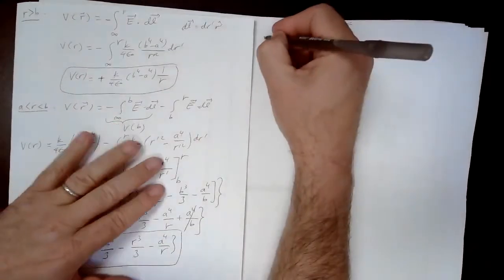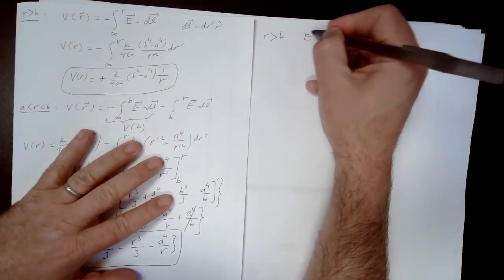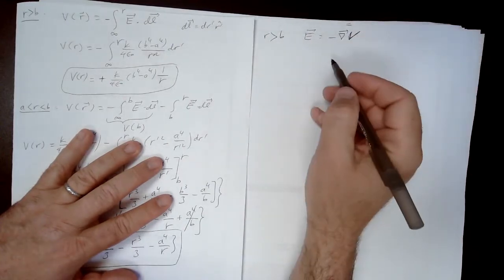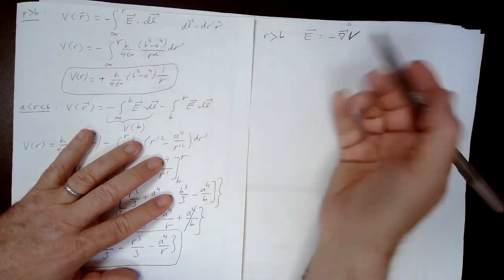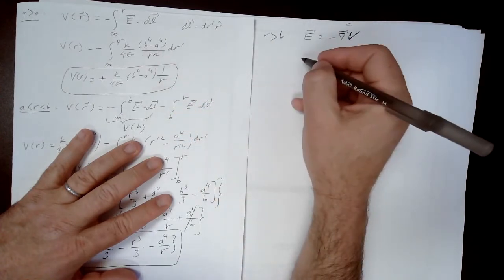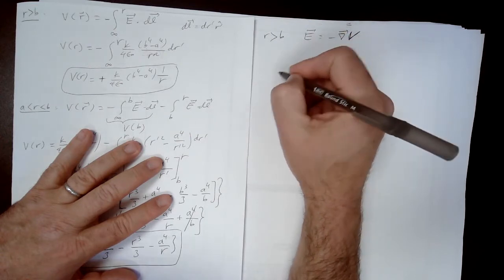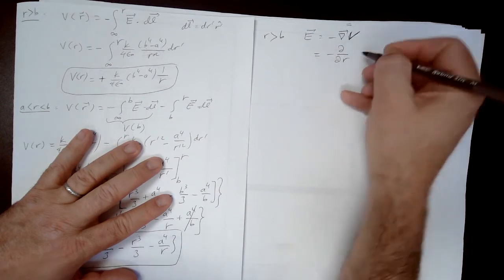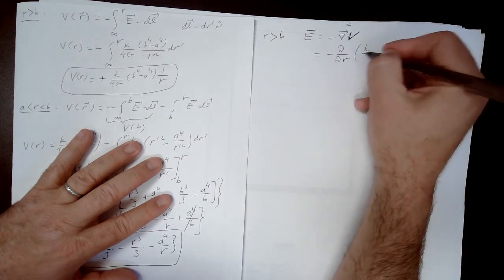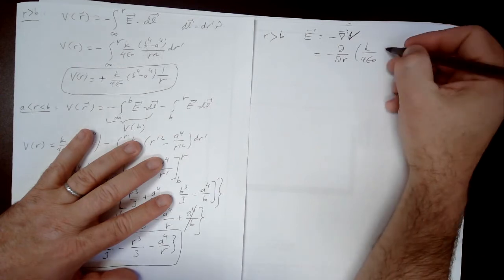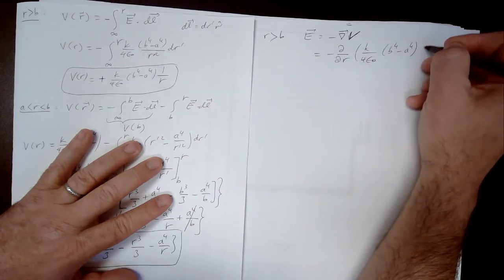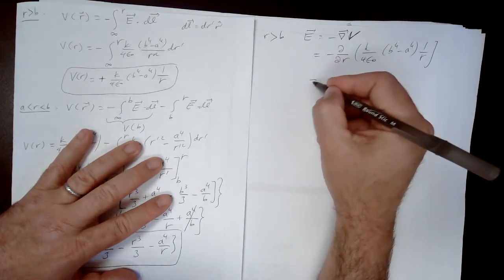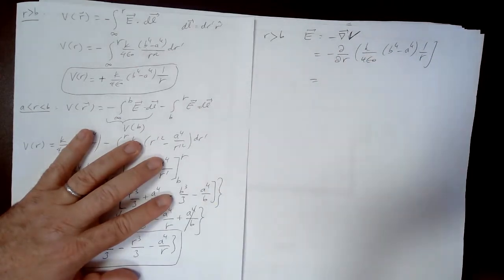For R greater than B, okay, E is the negative gradient of V. Since these are just R dependent, I'm going to just take the partial derivative with respect to R. So minus partial with respect to R of K over 4 epsilon naught, B to the 4 minus A to the 4, times 1 over R. So it's just the derivative of 1 over R, which is minus 1 over R squared.